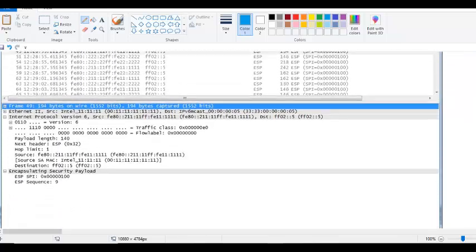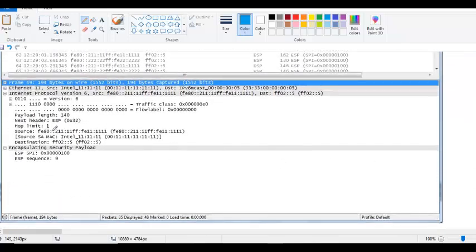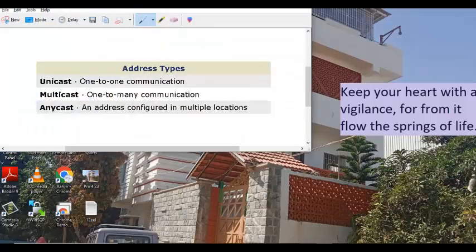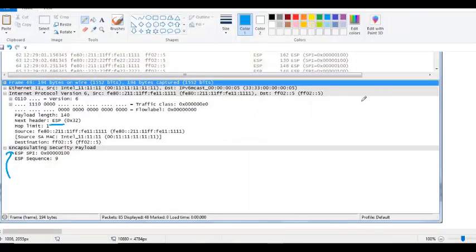Whereas in the other screenshot, the next header is ESP because they have VPN. ESP, encapsulating security payload. IPsec VPN. Did you understand next header?